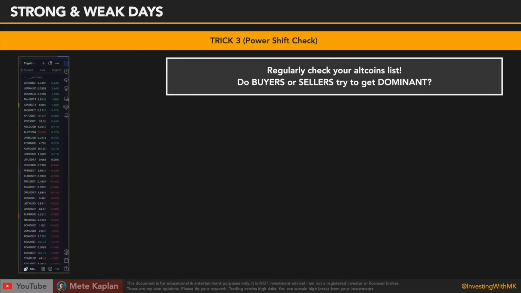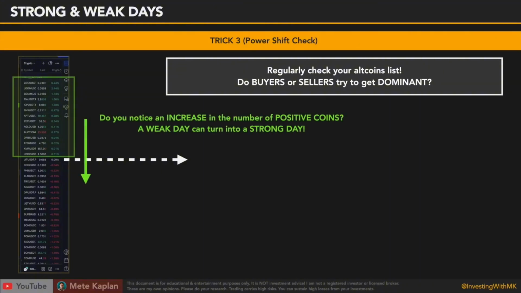For example, this is my altcoin list again. You can see the midpoint coins with around 0% gain, which is not negative or positive. The area stuck between buyers and sellers. Remember, we had only 14 coins positive today.